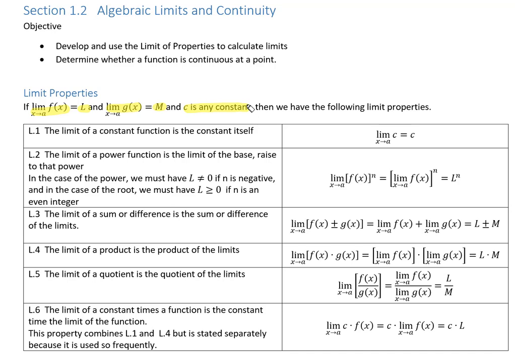And basically what these rules say is that if you have a constant function, the limit is just that constant itself. If we have a limit of a function which we know already, and we're taking it to the nth power, then we can replace that with the limit that we know and take that to the nth power.